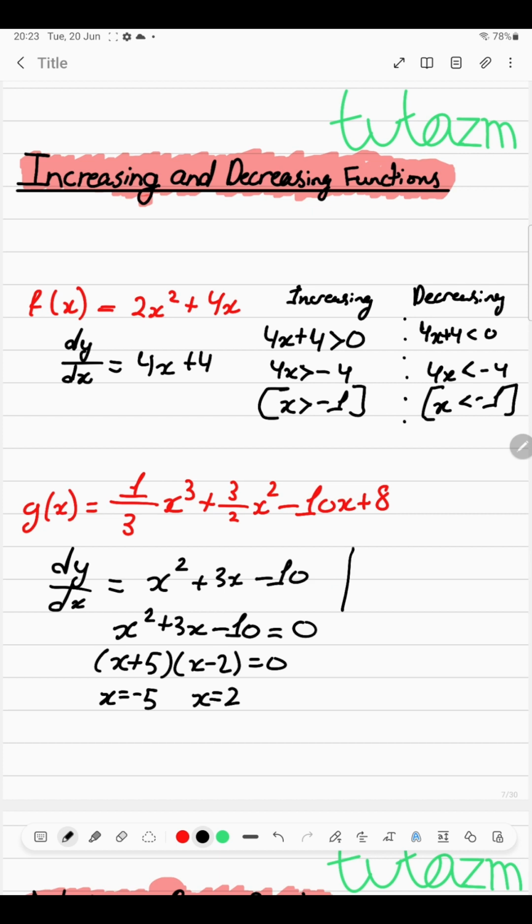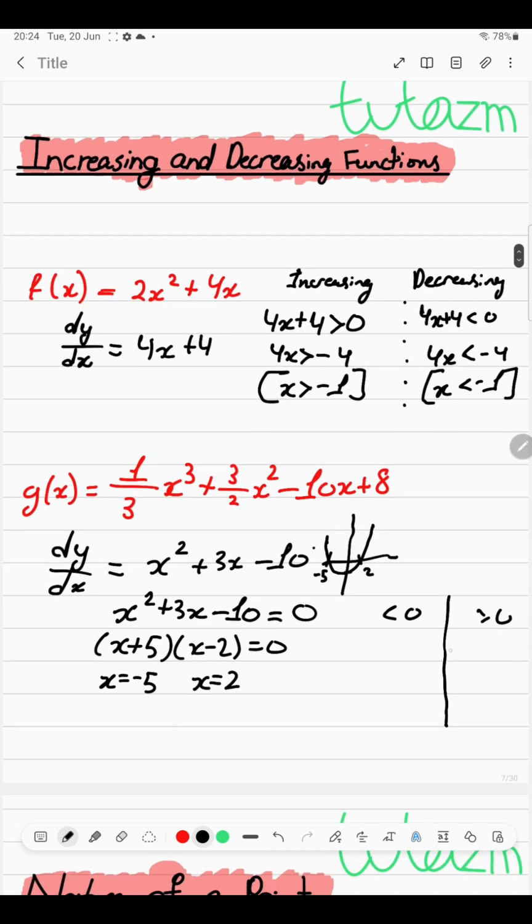Now we draw a sketch of the graph here. We've got a quadratic graph in terms of dy by dx, which goes through minus 10 here, goes through 2 here, and minus 5. When x equals minus 5, if we want to know when it's less than 0 and when it's greater than 0.